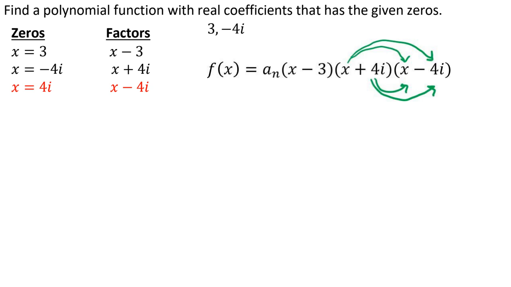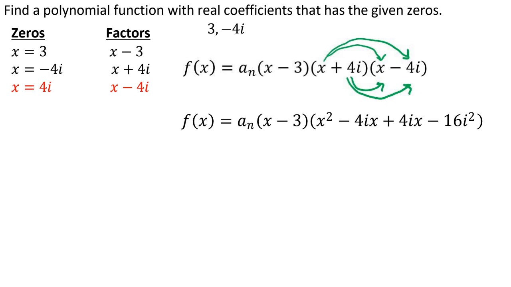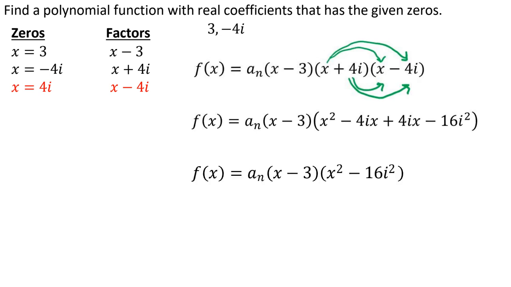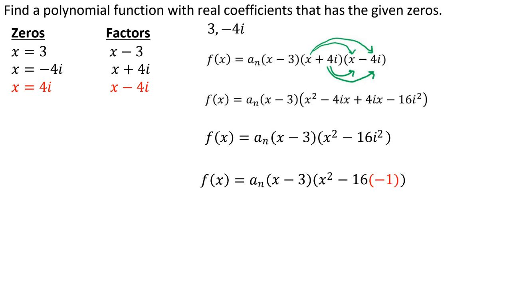I can combine my like terms: minus 4ix plus 4ix cancels. Then I have an i squared, but we reviewed that i squared is equal to -1. So I'm going to replace the i squared with -1. This simplifies to x squared plus 16.